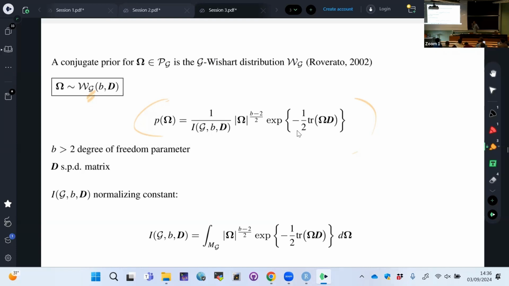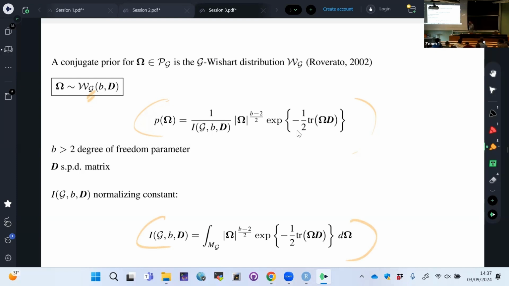Here we start with issues for this prior, because we have a normalizing constant, which we can write as an integral of the kernel of the distribution with respect to omega. The main difficulty is that we cannot compute this integral exactly.